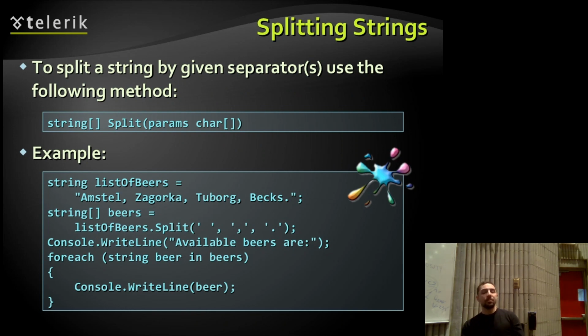Splitting strings up is a little more interesting, and this is actually a very useful feature. You can use string methods to create arrays of strings. Here we've got a method called split. Split will take any string and chop it up into smaller strings based on some delimiter.